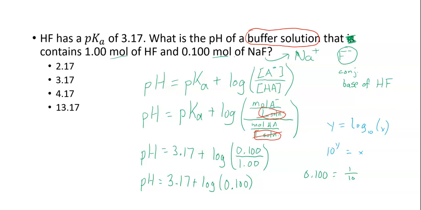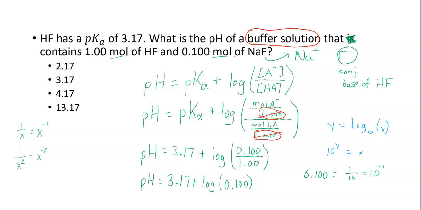Now this is the same thing as 10 to the negative first power, because 1 over x is equal to x to the negative first power. That's what a negative exponent means. It means it's in the denominator. If you had 1 over x squared, that's x to the negative 2 power, etc. So 0.1 is 1 over 10, or 10 to the negative first power.